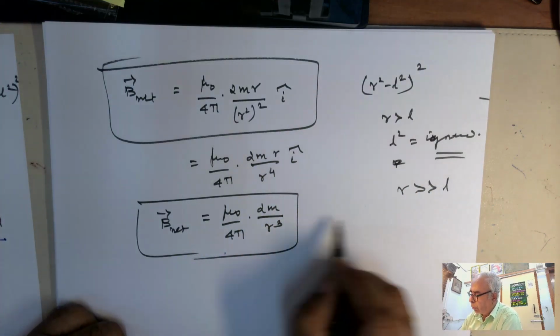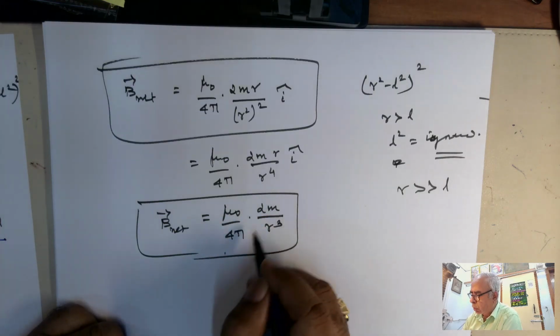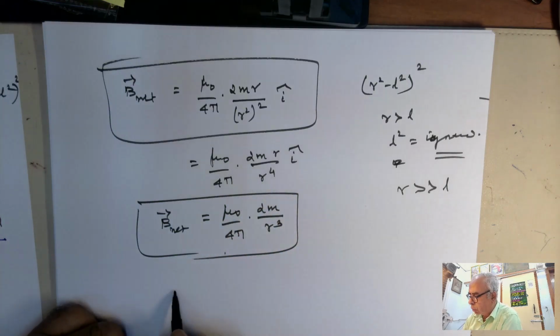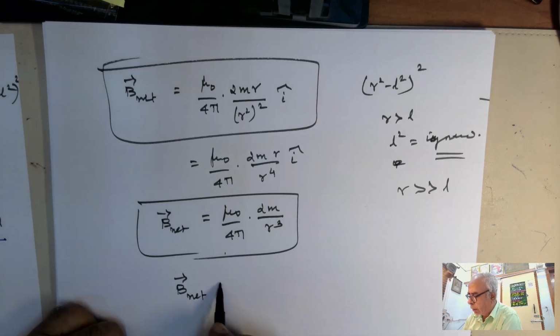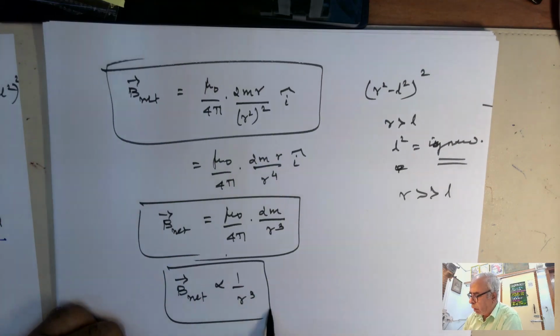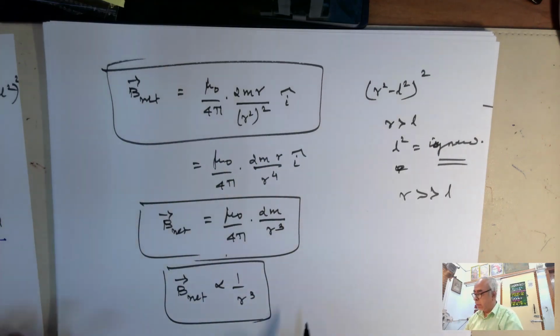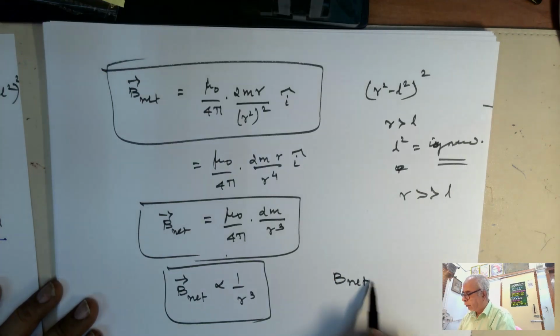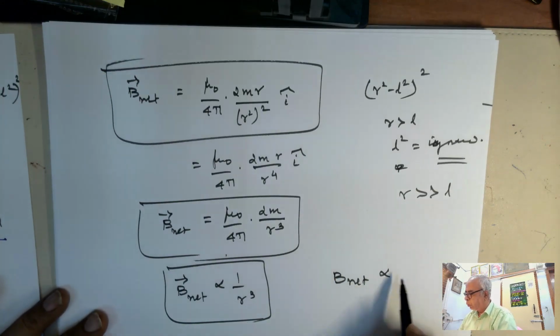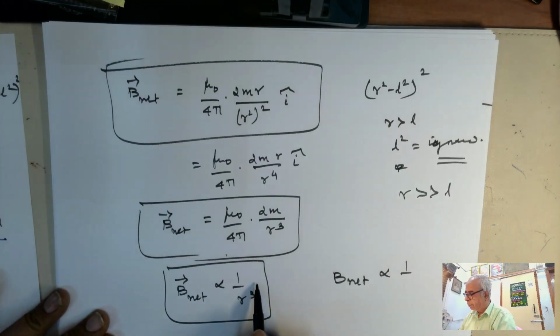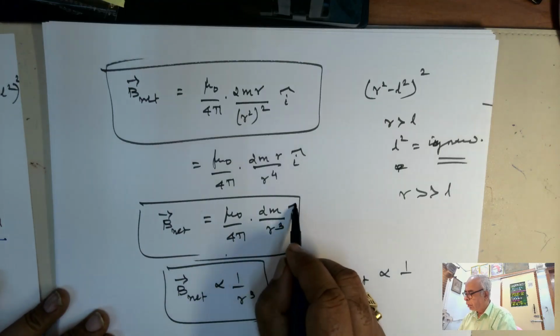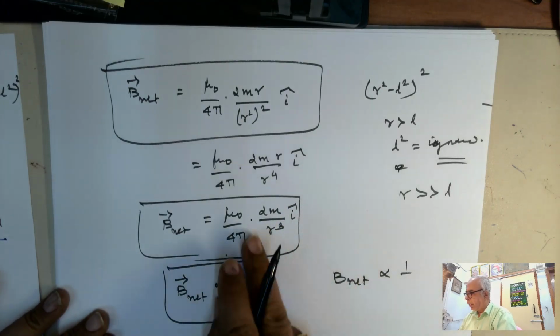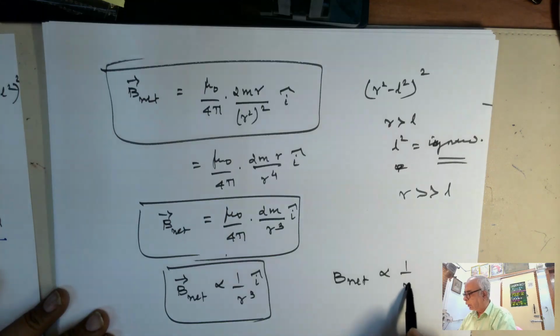Now mu naught is constant, M is constant, 4 pi 2 all are constant. So from this net magnetic field vector is proportional to 1 by r cube. Let us take the modulus. So net magnetic field magnitude is proportional to 1 by r cube.